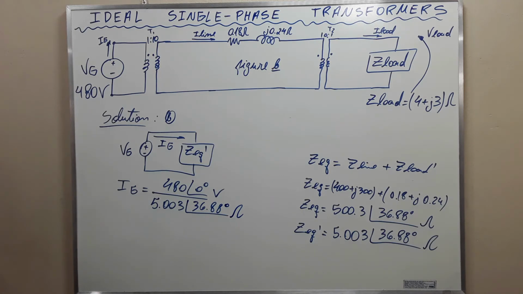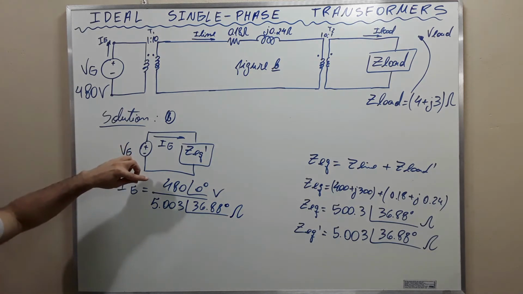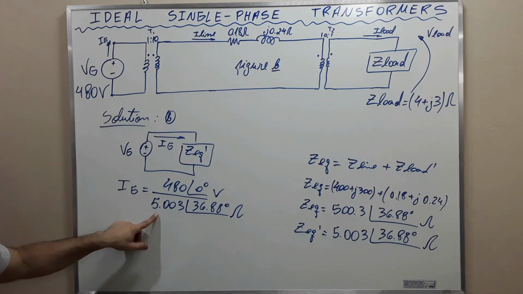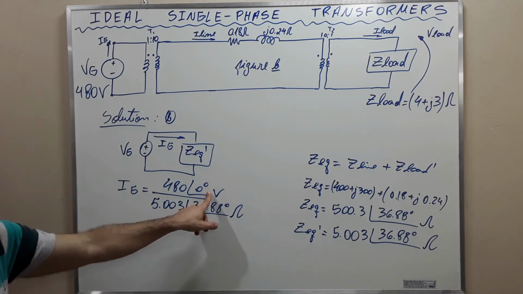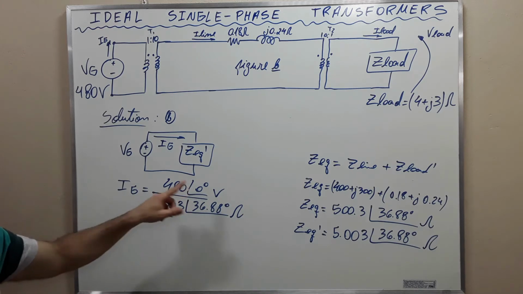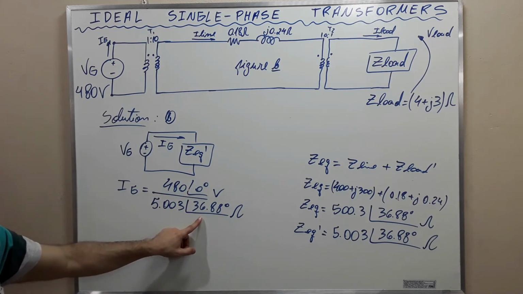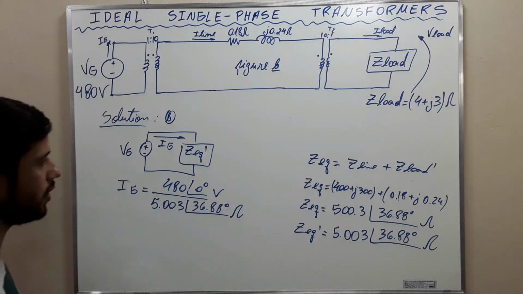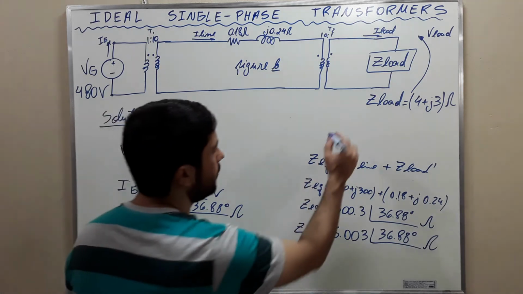As it is a division, we divide this number 480 by this number here, 5.003. When dealing with the angles, we subtract 0 minus 36.88 degrees.